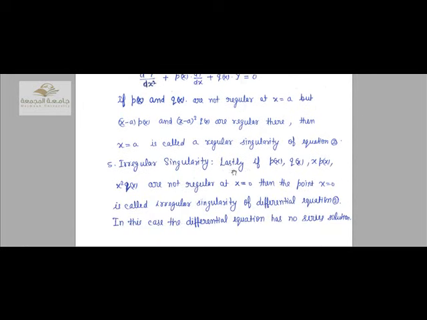Irregular singularity. Lastly, if x p(x) and x square q(x) are not regular at x is equal to 0, then the point x is equal to 0 is called an irregular singularity of differential equation 2. In this case, the differential equation has no series solution.